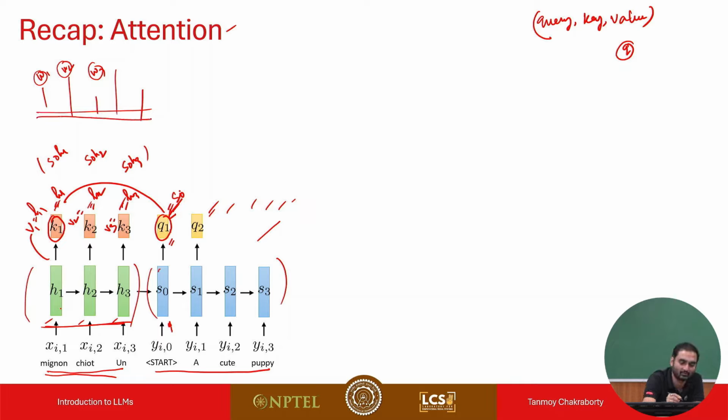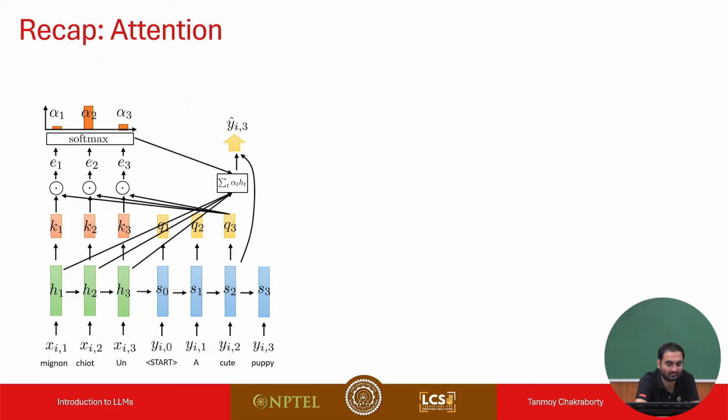After these weights, we take the weighted average of all the values, meaning W1 V1 plus W2 V2 plus W3 V3, right? This will produce a vector, and this vector is called the attention vector, right? So this is the vanilla attention mechanism.